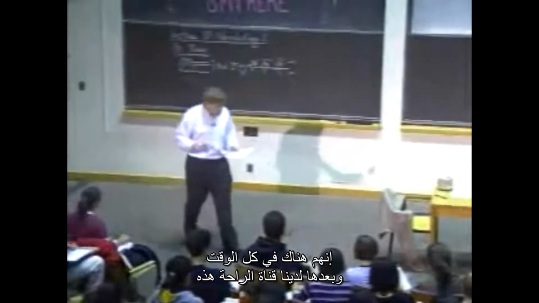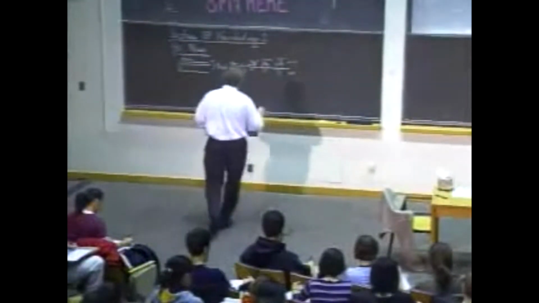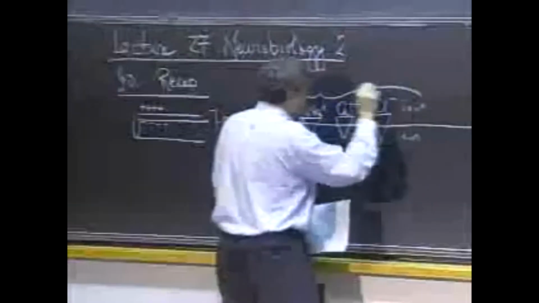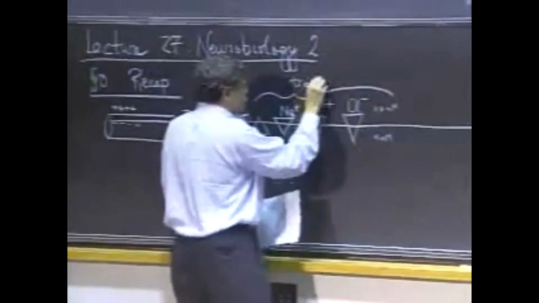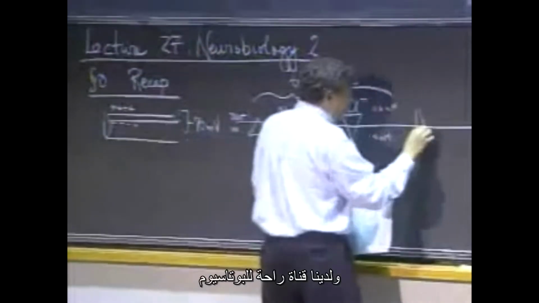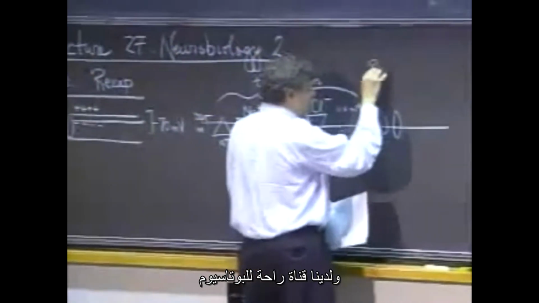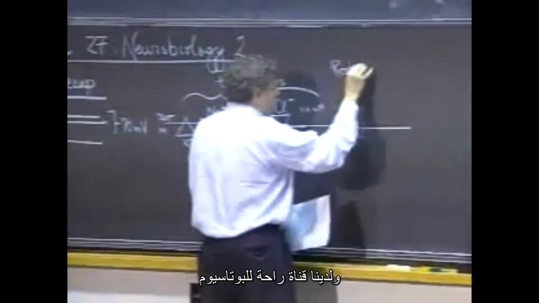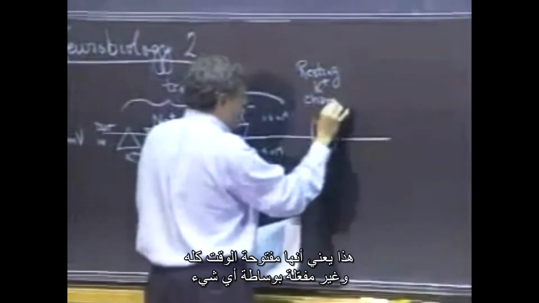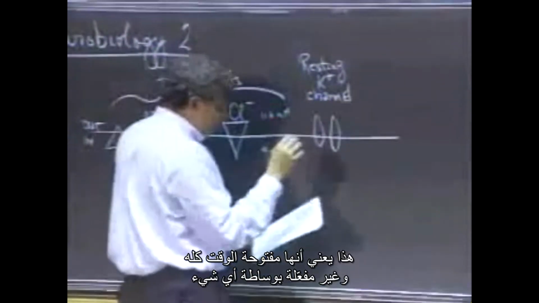Then we have this resting channel. So here we have transporters. We have a resting potassium channel. Means it's open all the time. It's not activated by anything.